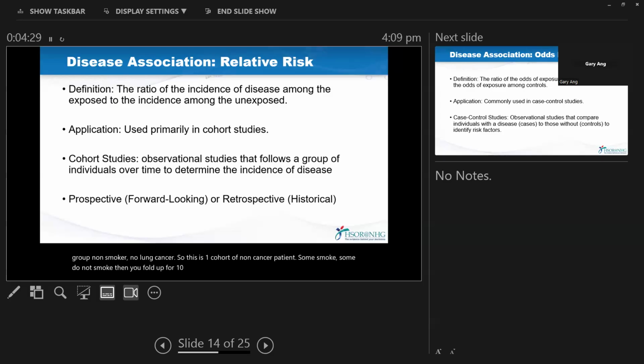Let's assume there are 1,000 in each group. In the smoking group, 100 have lung cancer. In the non-smoking group, 10 have lung cancer. Then you compare the incidence, 100 over 10, so it's 10. So the relative risk of smoking causing lung cancer is?